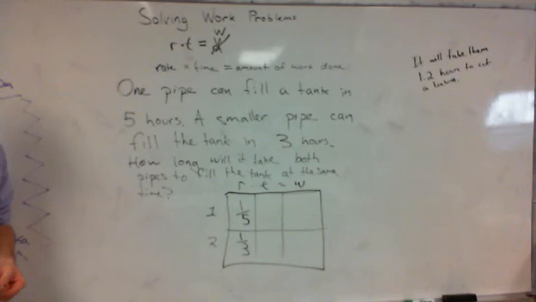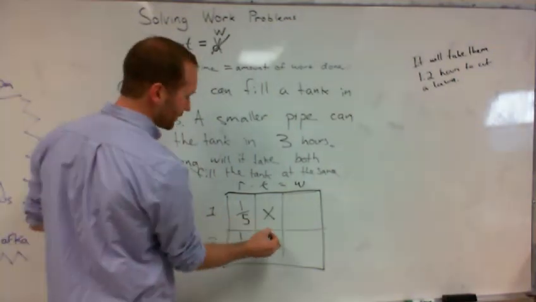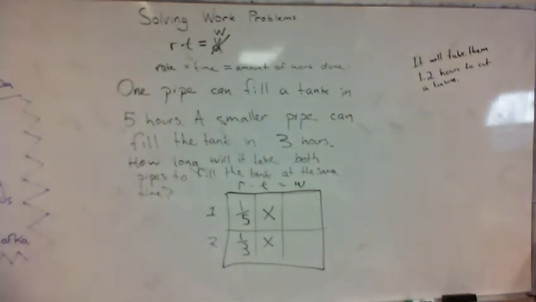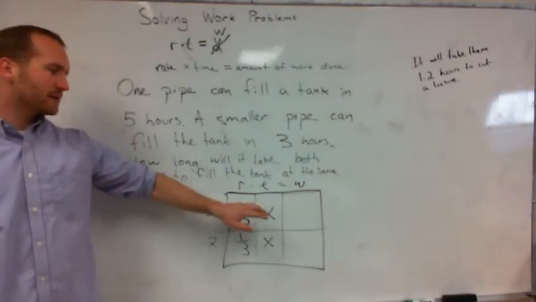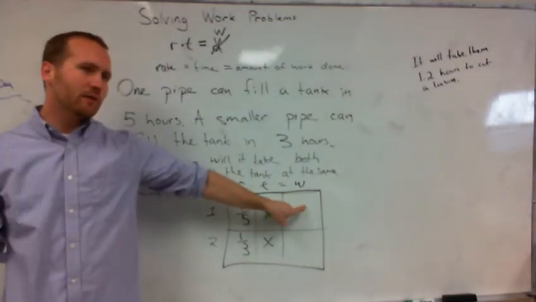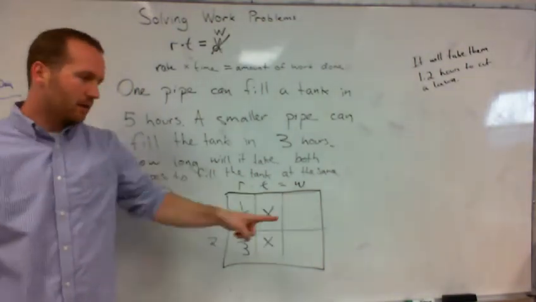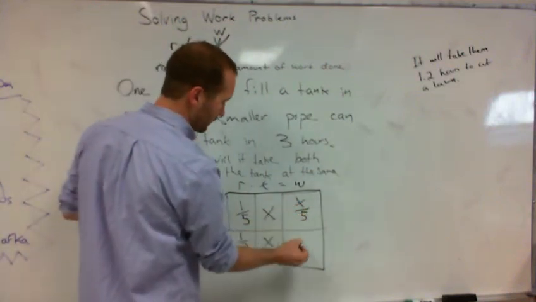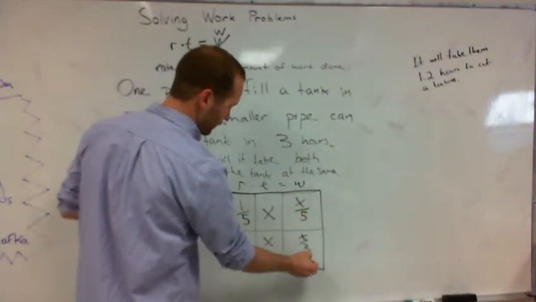Great. Time. What's time? We don't know, so it's x. And then if we multiply rate times time to get the amount of work, this one would be x over 5 and x over 3, right?